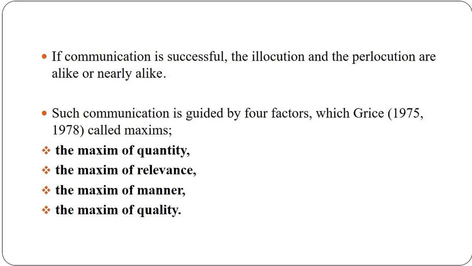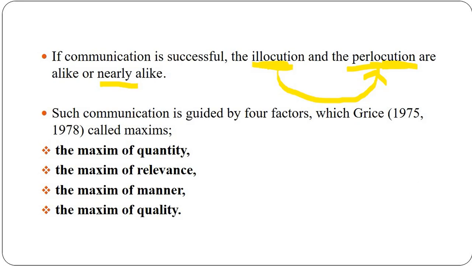If communication is successful, the illocution, I mean the intention of the speaker, and perlocution, the thing that the listener understood, are alike or nearly alike. So the intention and the perceived message are alike or nearly alike if the communication is successful.